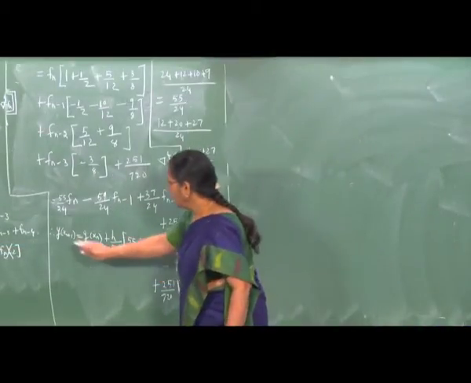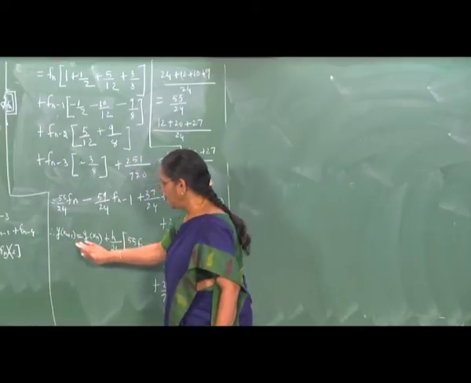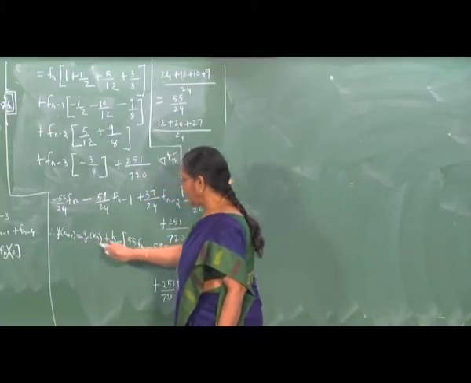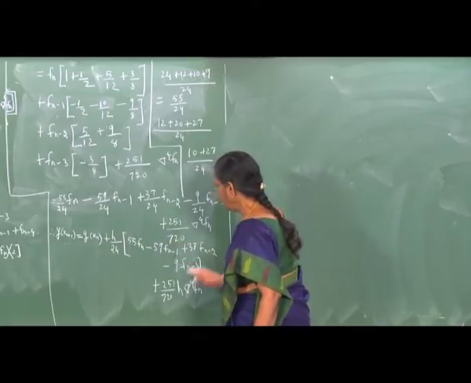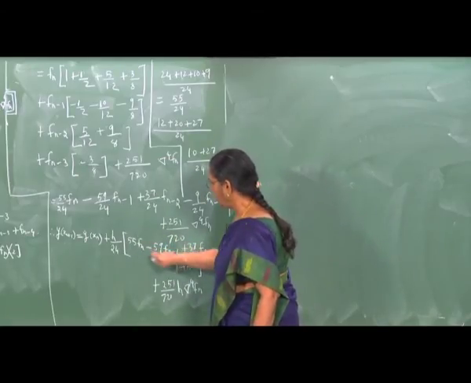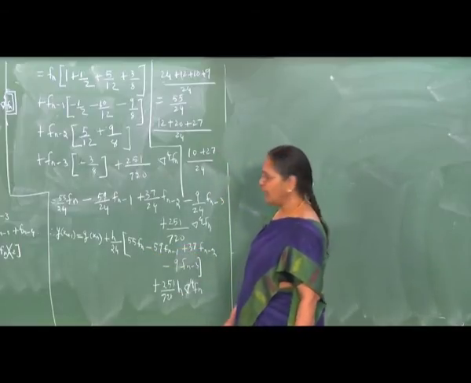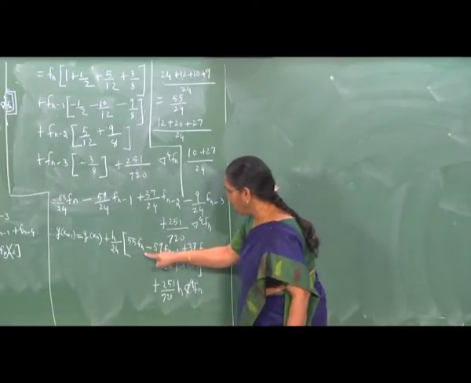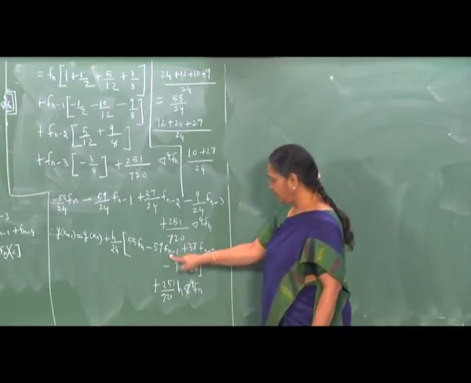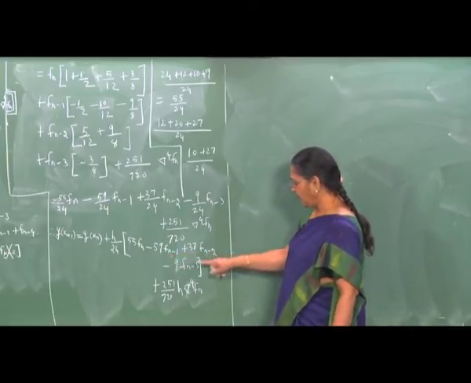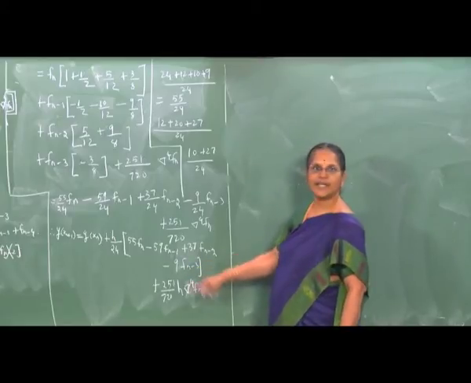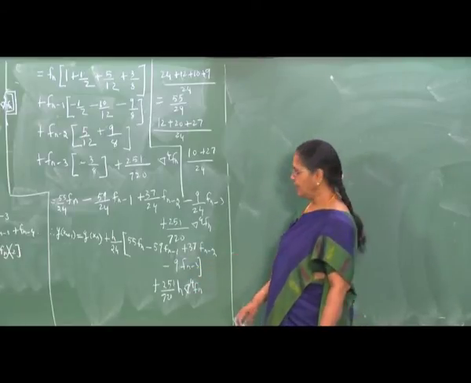Thus, we have y at xn plus 1 to be given by y at xn plus h by 24 into a linear combination of the function values f of x comma y at xn, yn; at xn minus 1, yn minus 1; at xn minus 2, yn minus 2; and at xn minus 3, yn minus 3.